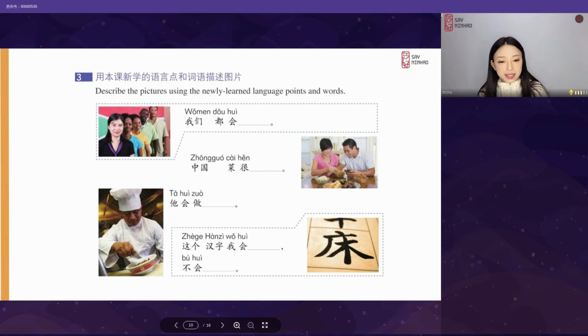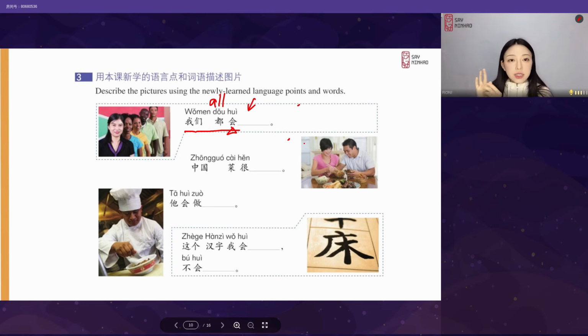So first one, 我们都会. 都 means all. So 我们都会 means we can all do something. So after 会 we should put a verb, right? So let's try to fill in the verbs here. Verbs we've learned today. First, we can speak Chinese.